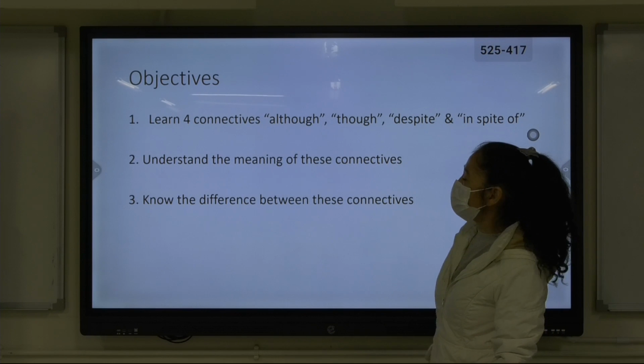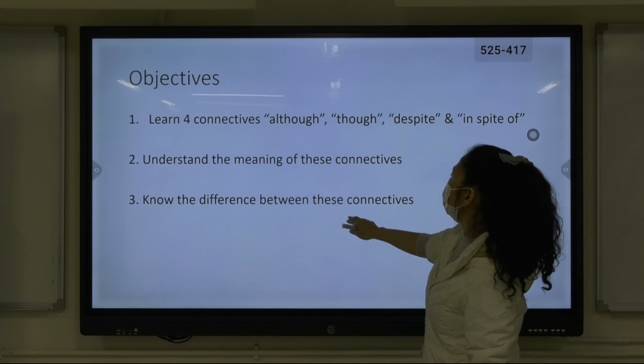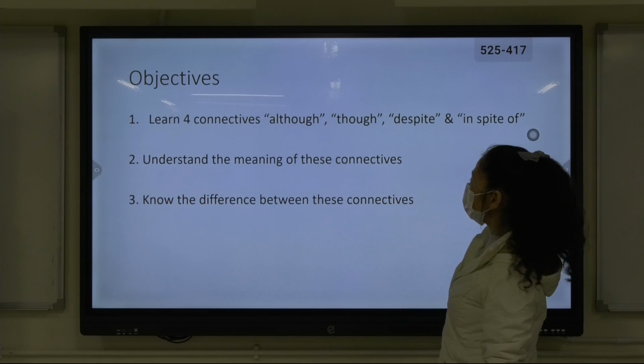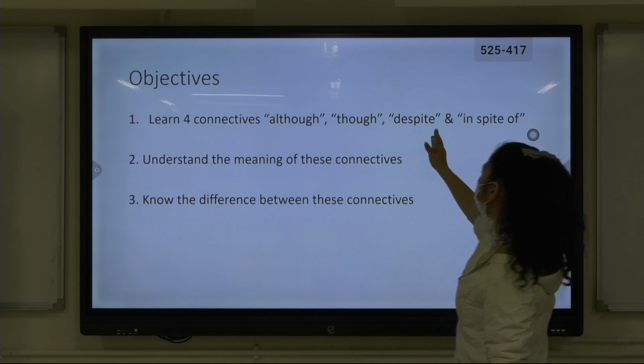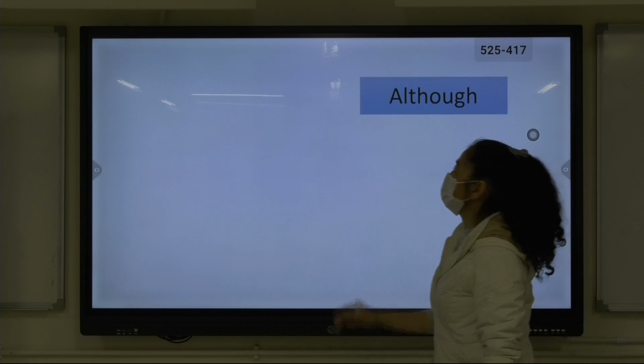During this lesson we try to know more about the difference between these four connectives. So these four connectives are although, though, despite, and in spite of.